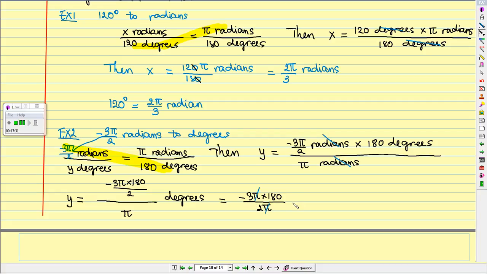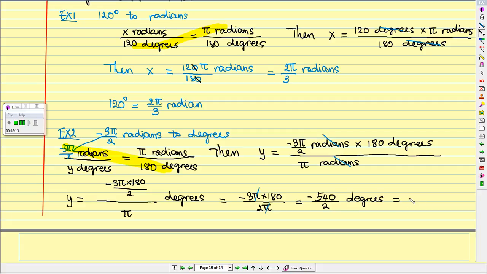So now we multiply negative 3 times 180, which gives us negative 540, divided by 2.